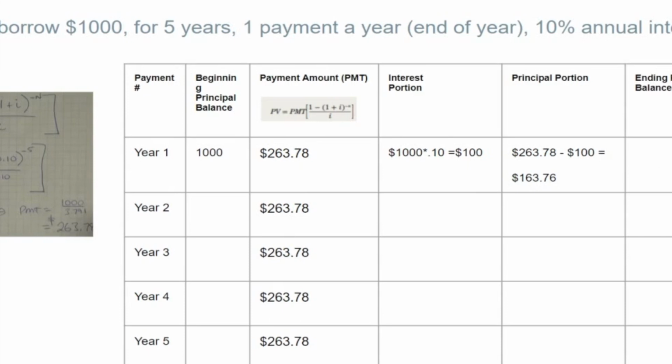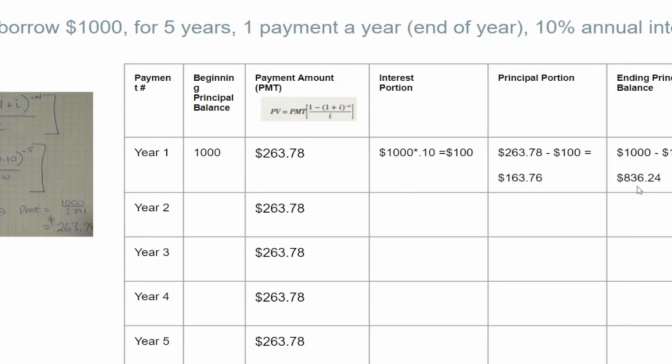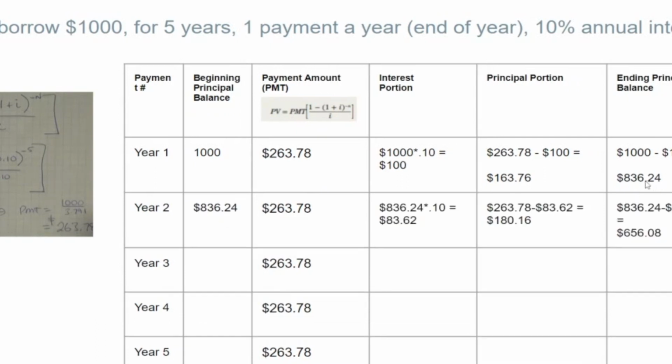So in order to get the ending balance, we take the $1,000, we subtract off the $163.76, which is the principal portion, and that will give us $836.24 as the ending balance at the end of the period. That ending balance then becomes the beginning balance for the next period. So $836.24, we're going to carry it right down to here.